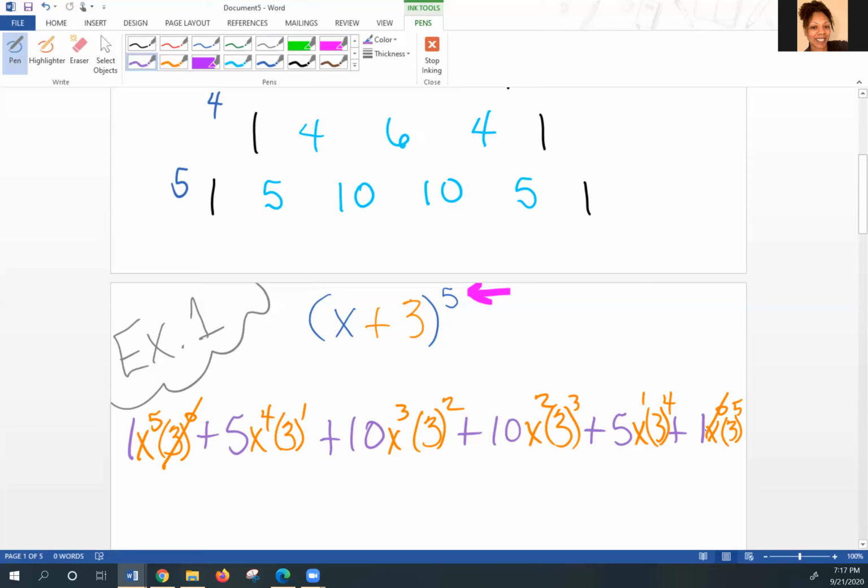So then once you simplify everything, you have x to the fifth plus 3 to the first power is 3 times 5, 15x to the fourth power, plus 3 squared is 9, 9 times 10 is 90, x to the third power, plus 3 to the third power is 27, 27 times 10 is 270, x squared, plus 3 to the fourth power is 81, 81 times 5 is 405, bring down that x, it's just 1x, and then 3 to the fifth power is 243 times 1 is still 243.